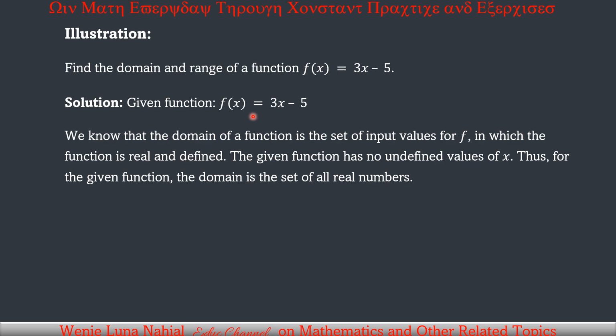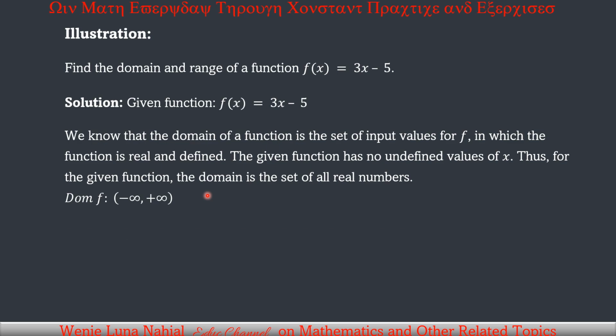And for that, we can say that the domain of this function f is the set of real numbers. So that's why we have this interval notation, an open interval, negative infinity and positive infinity, because we are referring to the set of all real numbers. Again, this function f is defined for all real numbers.